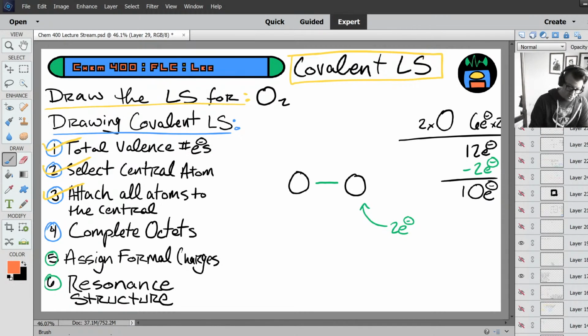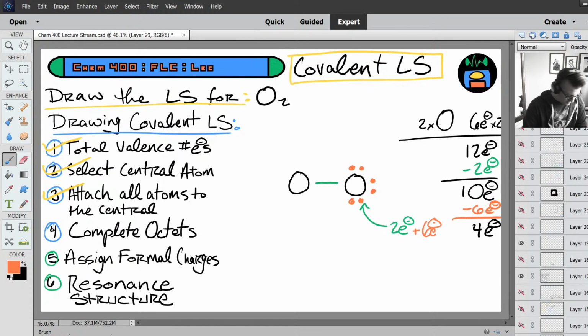So we're going to spend 6 electrons from our budget so we can give it 1, 2, 3, 4, 5, 6, and then the 2 in the bond, 7, 8.